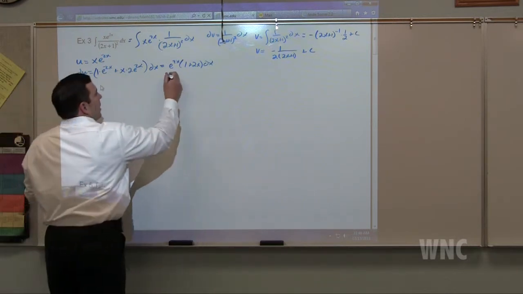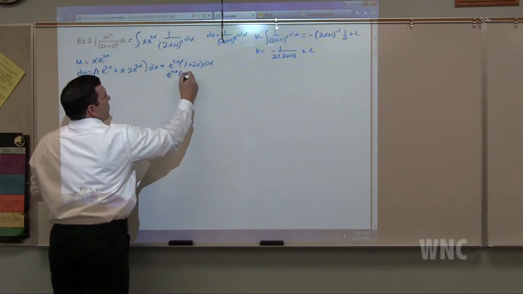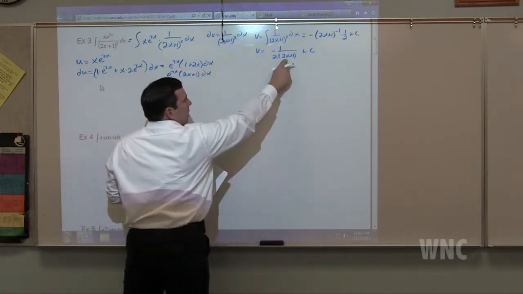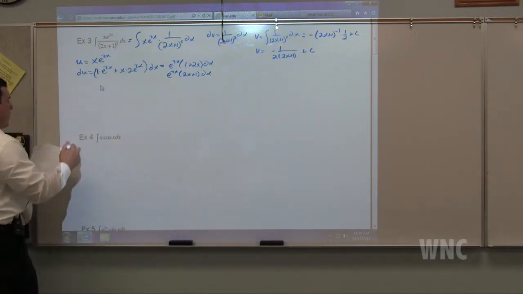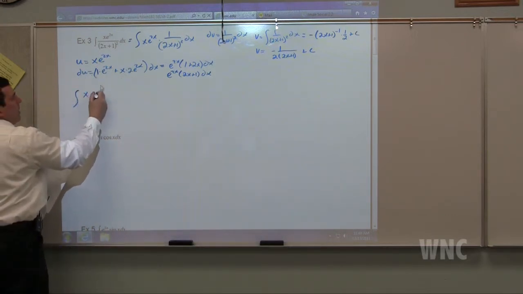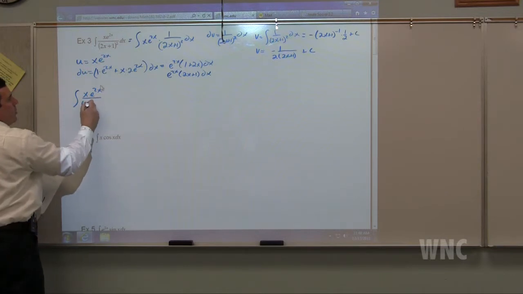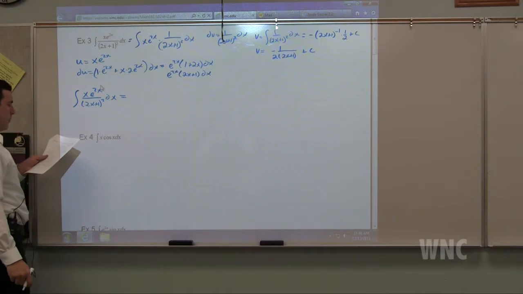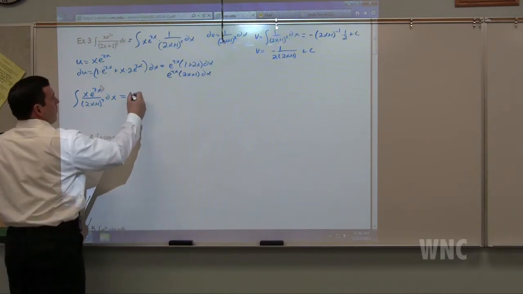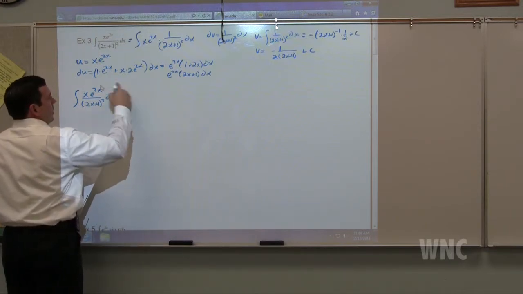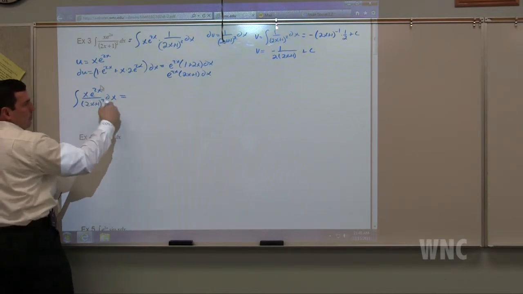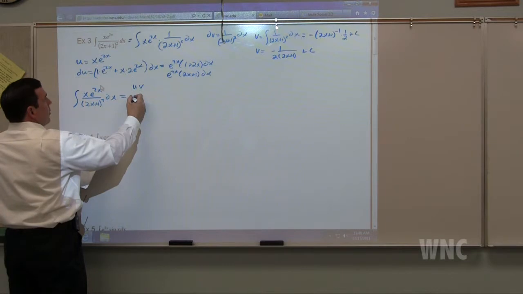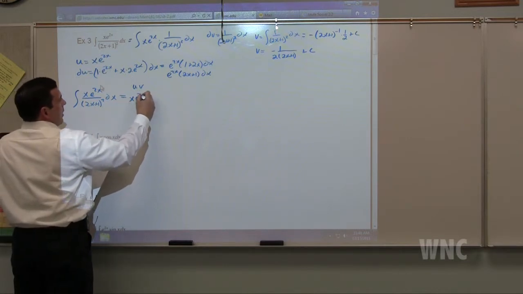Or you can say e to the 2x times 2x plus 1 dx. And this looks a little familiar right there. So our integral of x e to the 2x over 2x plus 1 squared dx is going to be, this is our u dv, it's going to be uv, and our u we said was x e to the 2x.